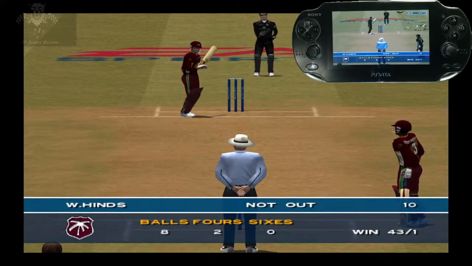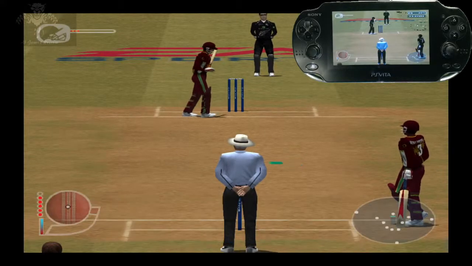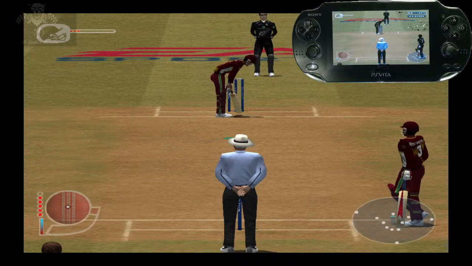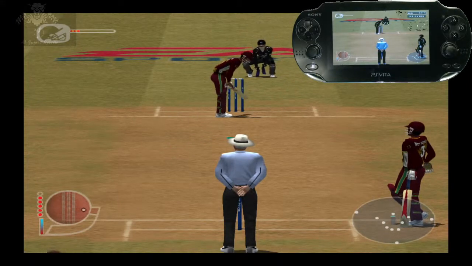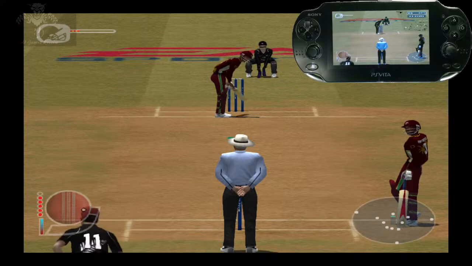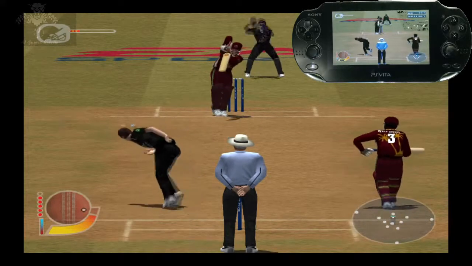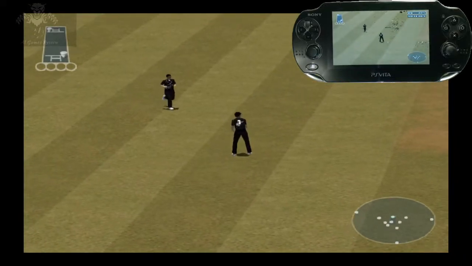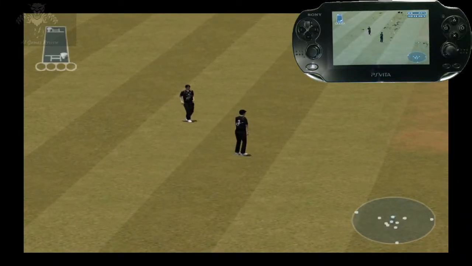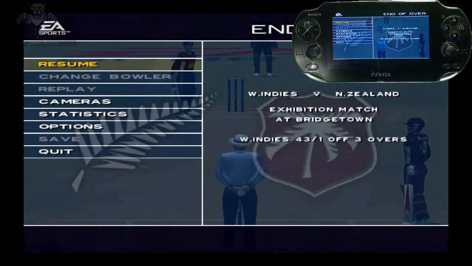Bond, the ball to Hines. Two runs came from that over by Bond.